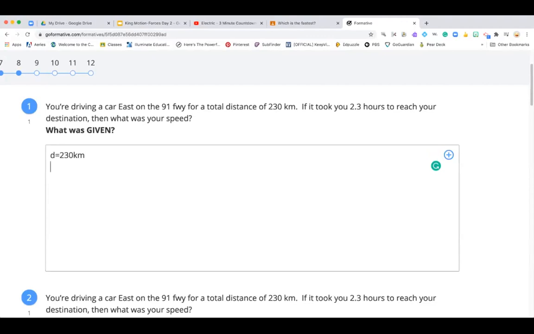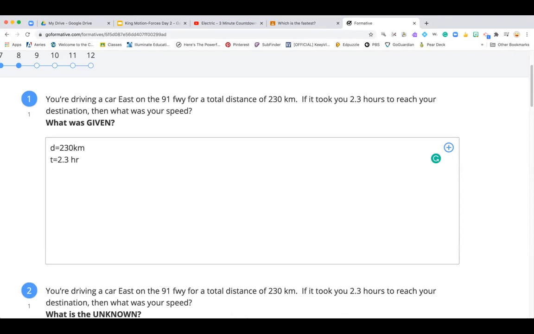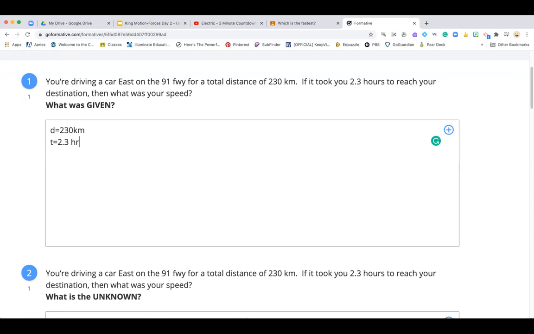All right, time equals 2.3 hours. Notice I want to symbolize things as much as possible. Okay. Then I want to come up with the unknown. So I see here. Sanal, did you have a question, or are you just raising your hand for the answer? The answer, right? Let me clear this again. Who can help me? What is the unknown for this one here? The unknown.